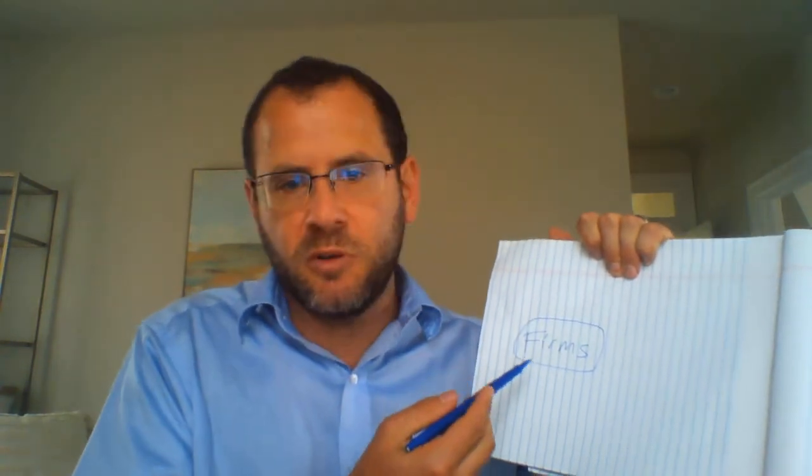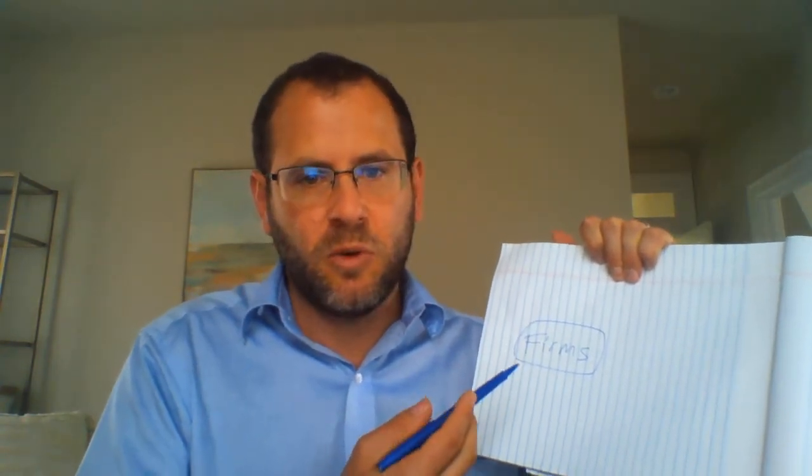So just to get us primed for how to use a chart to guide our thinking, I'm going to make this little chart. So I just drew a little circle and it says firms inside it. So we're going to be studying firms and their decision about what to make and sell. Now we're also going to look at households.